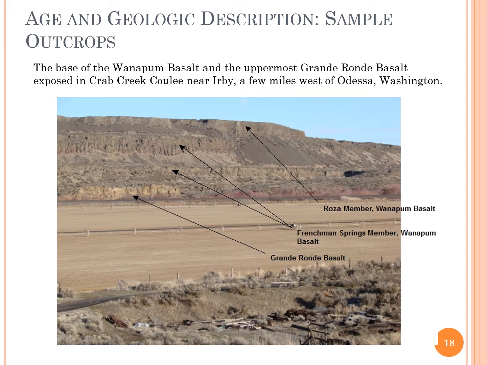But anyway, here we have a map of some of the components listed by the various geologic sub-members of the Columbia River basalts. Down at the bottom is our old favorite, the Grand Ronde member, at the base of this cliff, up to the Frenchman Springs, the Rosa member, and Wanapum basalt near the top. You can see that each one of these has a distinct layer, almost like a big layer cake.